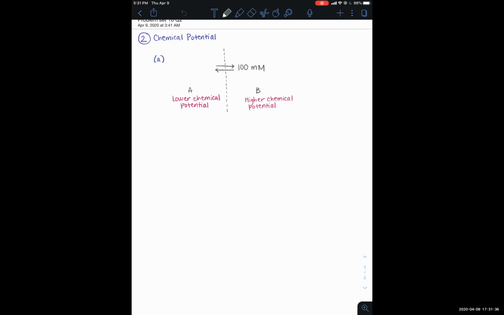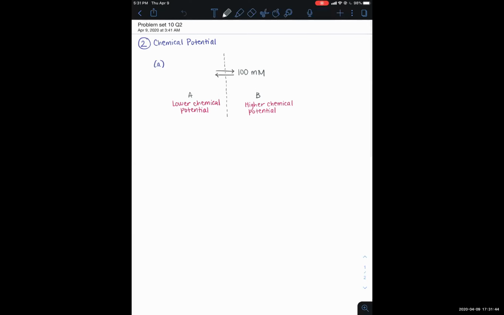Okay, so using what we just learned about chemical potential, now we can go into problem set question 2. So question 2, part A, basically describes a solution with 2 regions, region A and region B, with a 5 kilojoule per mole difference in chemical potential between them.